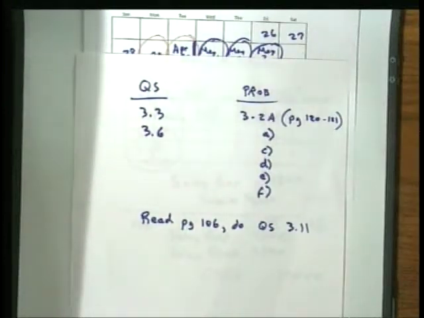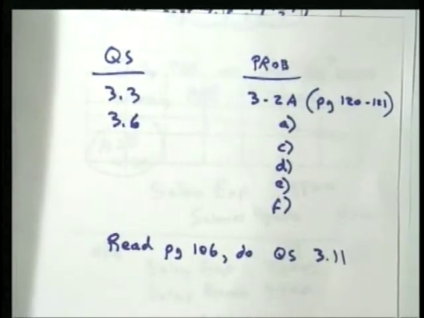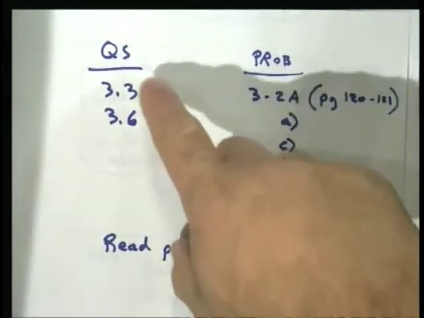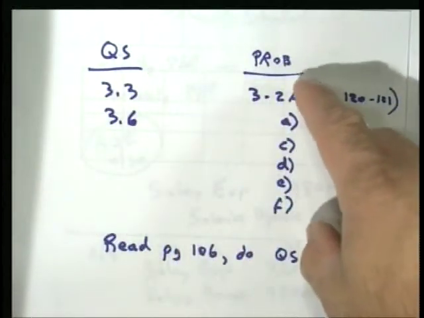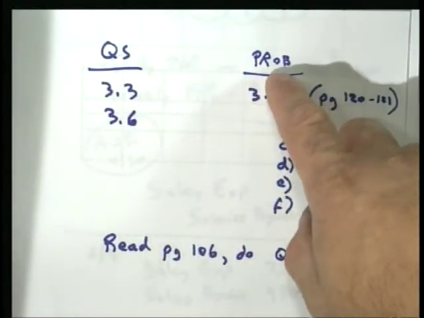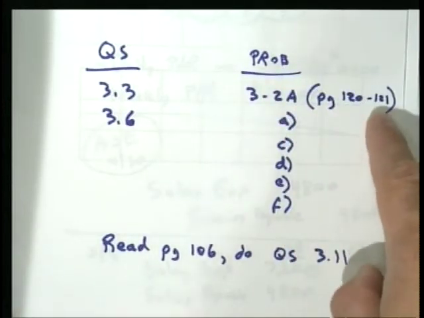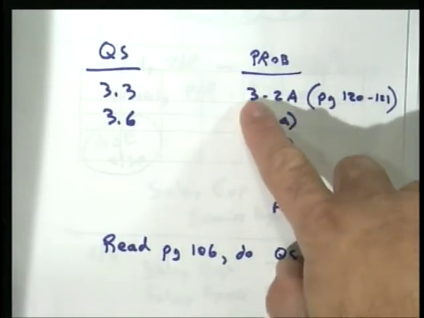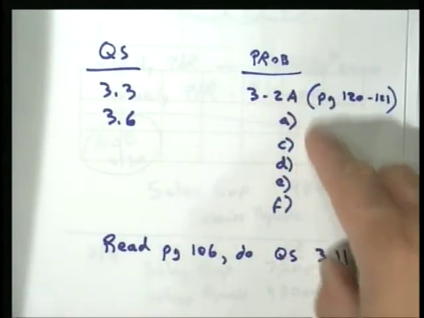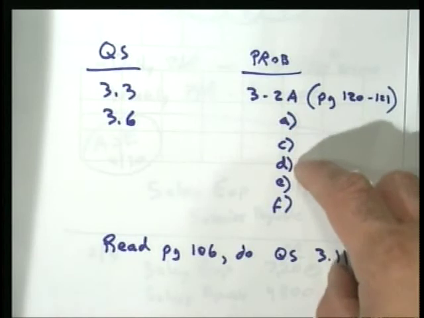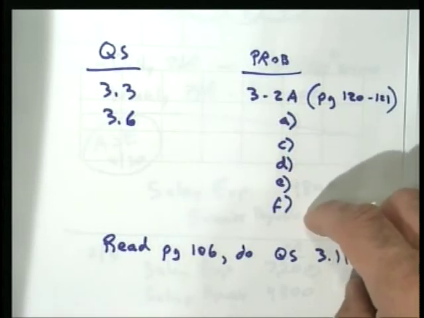But I want to do as much homework as we can. So here is the homework. I want you to do these quick studies. I want you to do, this is not an exercise, it's not a quick study, it's a problem. It's on page 120 and 121. But I want you to do problem 3-2A, but just do A, C, D, E, and F. Don't worry about B. Okay?